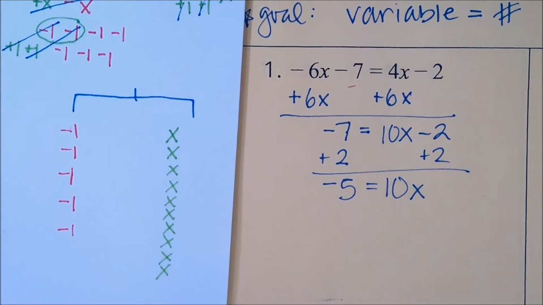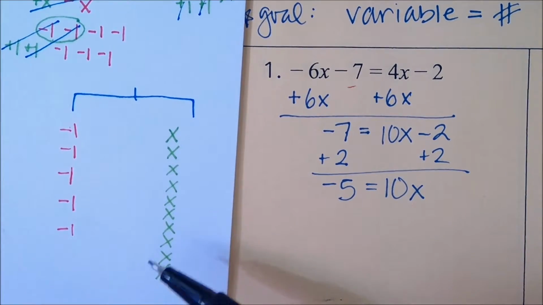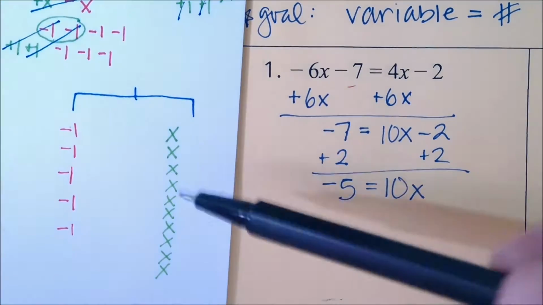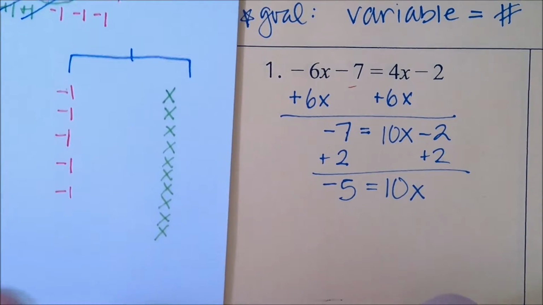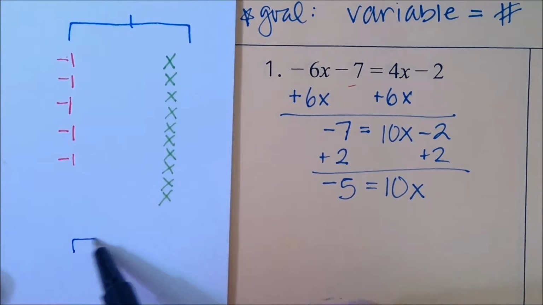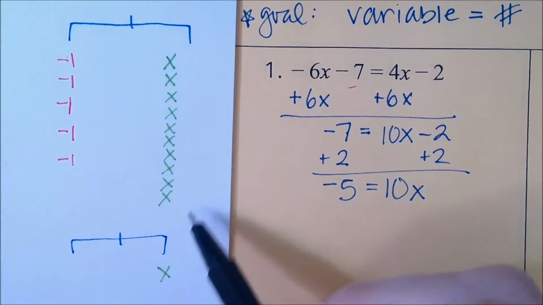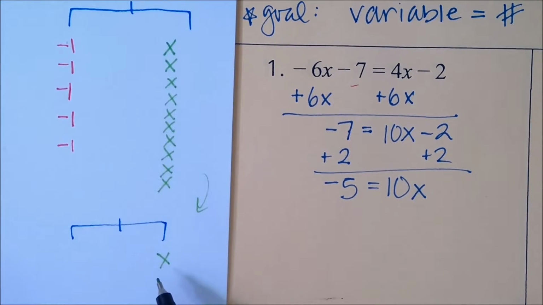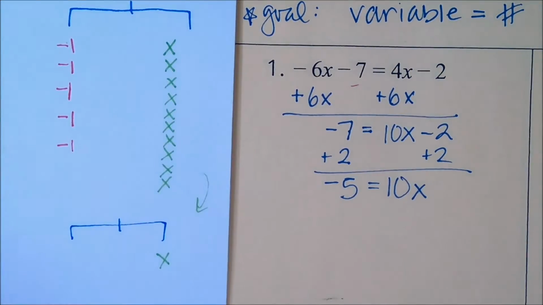Now the thing is I need to figure out what 1x equals. I don't want 10. So eventually I want it to break down into what does 1x equal? So eventually I want it to turn into this, where I just have 1x. So if 10x's equal -5, what's 1 going to equal?